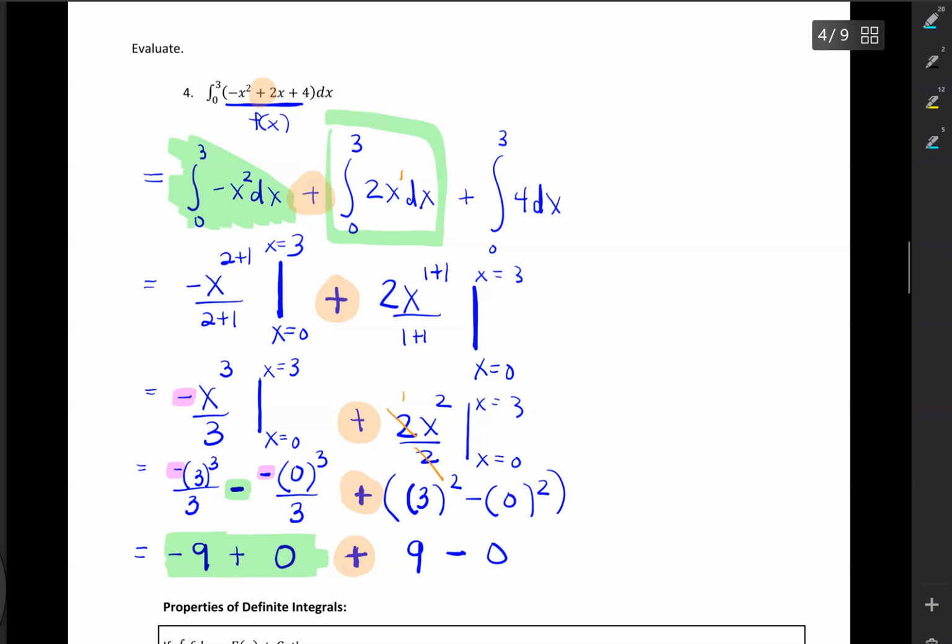So now we've done this middle one. Now we'll do the last one.